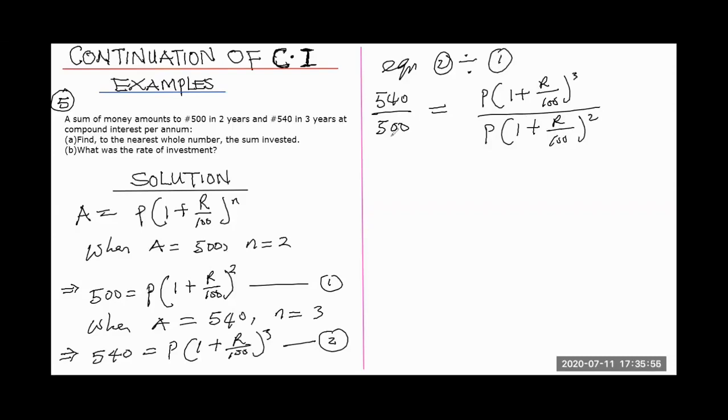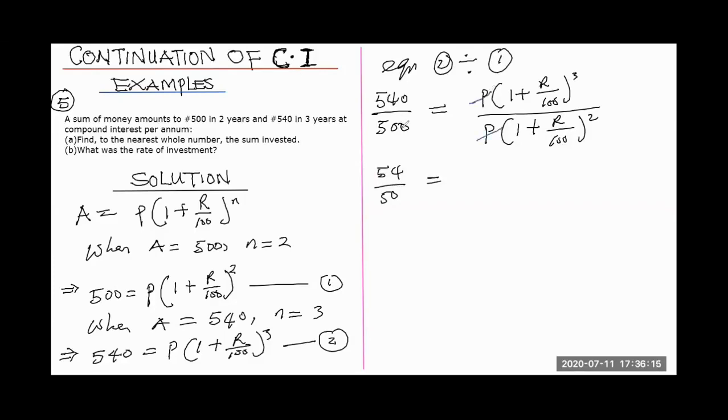So of course, 540 divided by 500, we are going to have 54 over 50. So we have 54 over 50, equals P here. We cancel P out. So this P cancels this P.